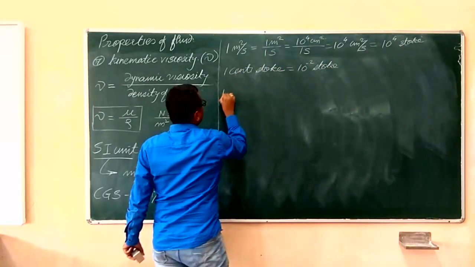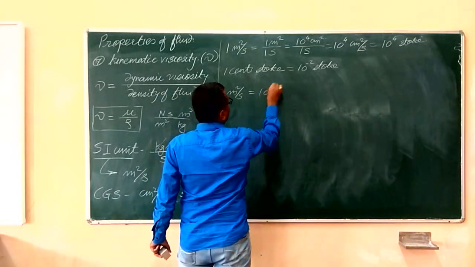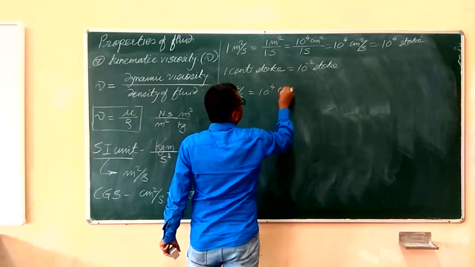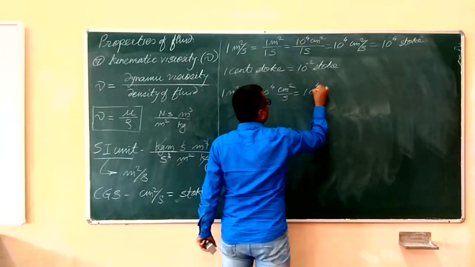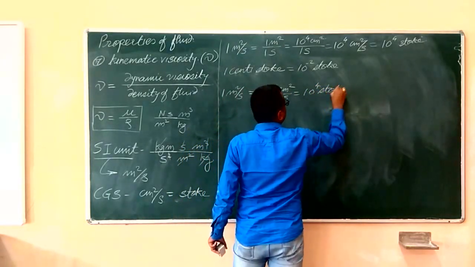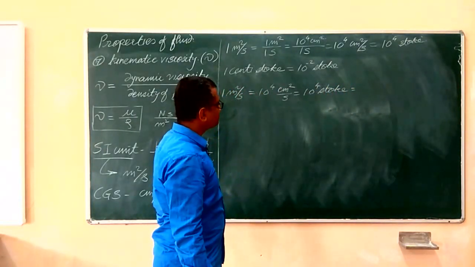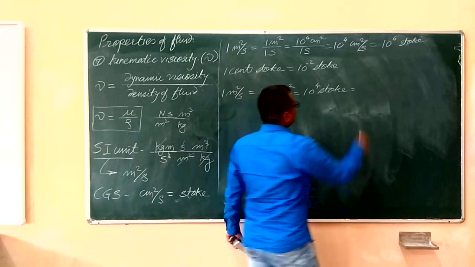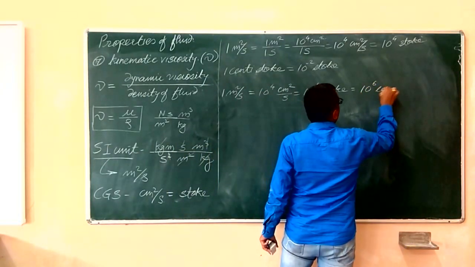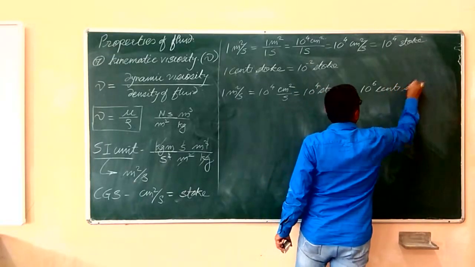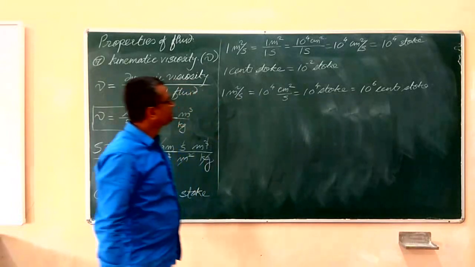So 1 meter square per second equals 10 to the power 4 centimeter square per second, which is 10 to the power 4 Stoke. Expressed in centistoke, it must be 10 to the power 6 centistoke. Right?